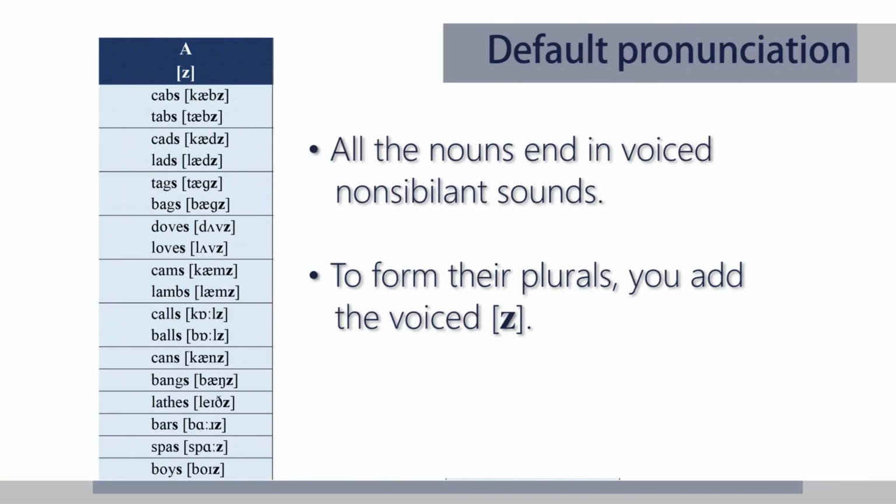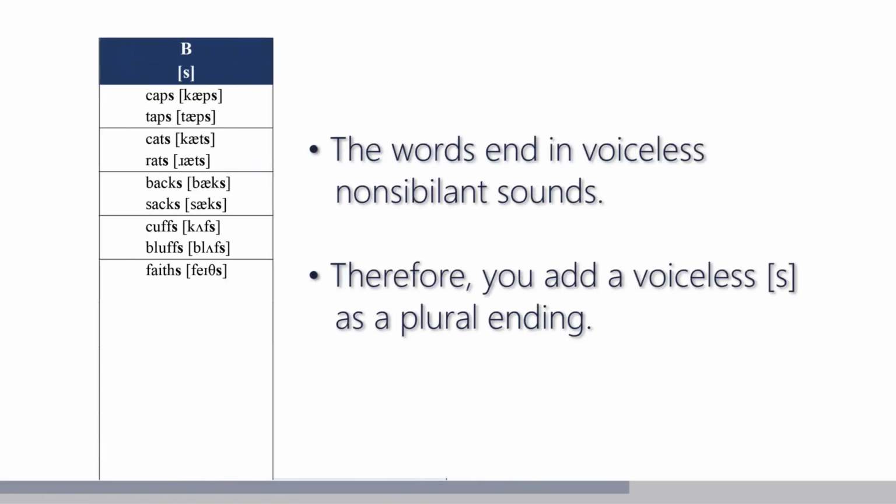Okay, so you always use "za" under A; all the nouns end in voiced non-sibilant sounds. To form their plurals, you add the voiced "za". In column B, the words end in voiceless non-sibilant sounds. Therefore, you add a voiceless "sa" as a plural ending.